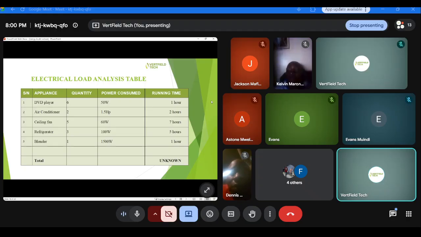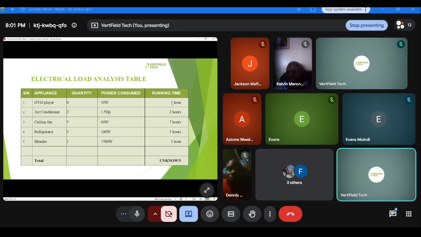So right now, you can see that the table is now complete. You now have the quantity of appliance, the power consumed by the appliance, and also the running time.